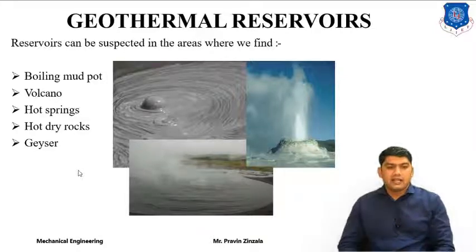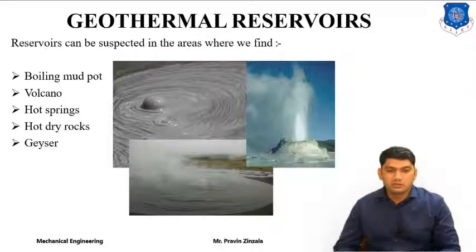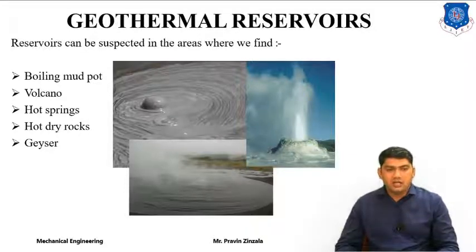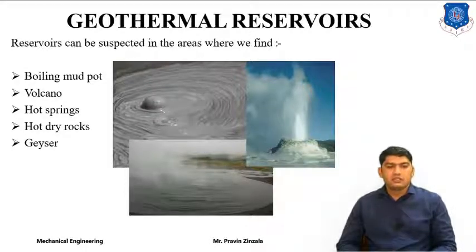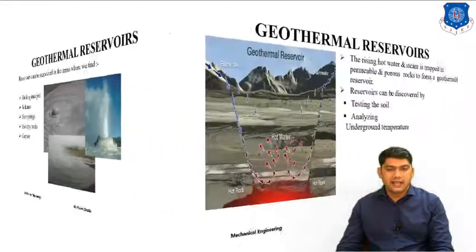Deeper in the earth we get higher temperature. Second, due to volcanoes, the energy of the earth reaches the surface, so we can utilize it with a heat exchanger. We can generate electricity or utilize it for specific applications.